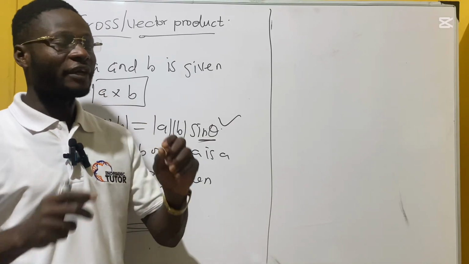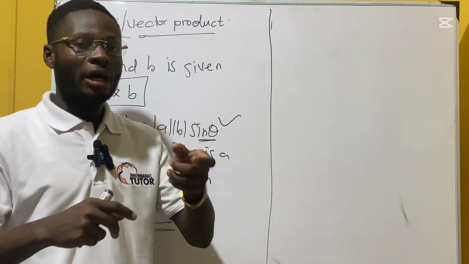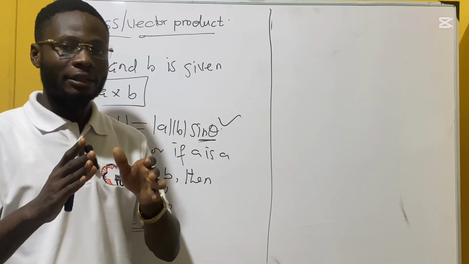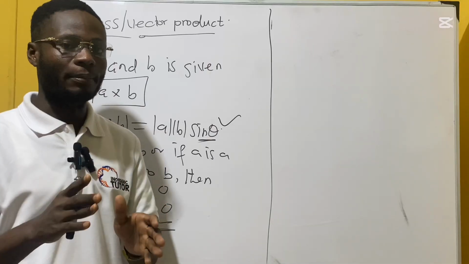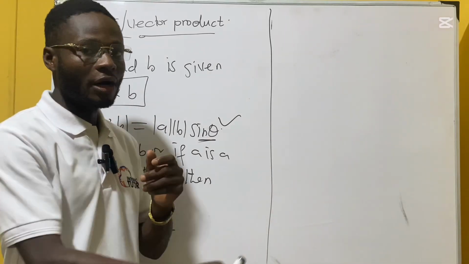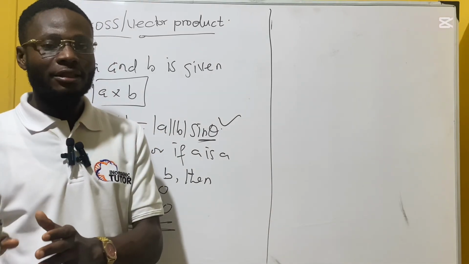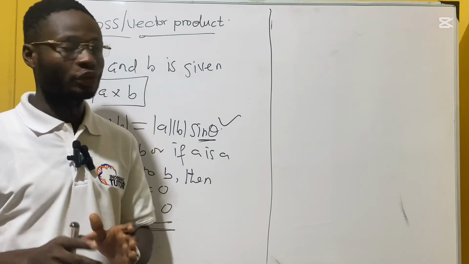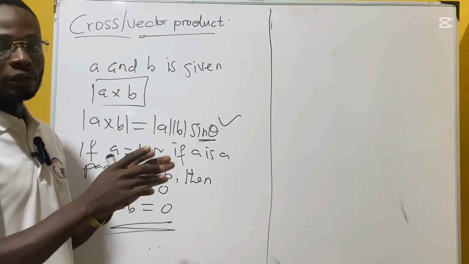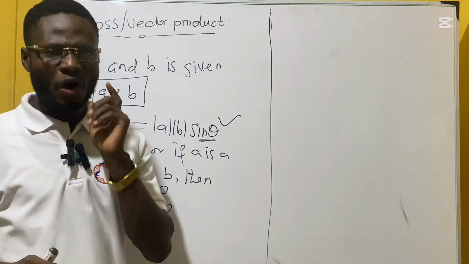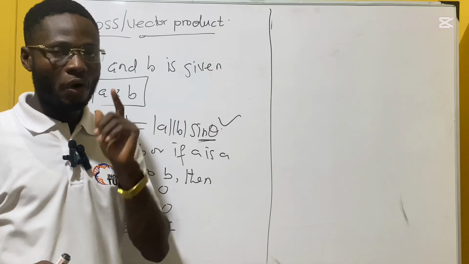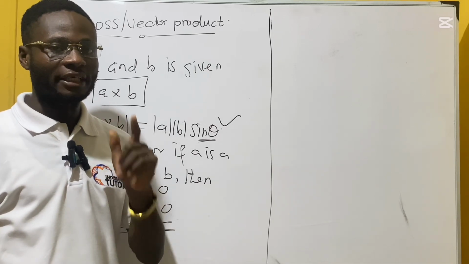So the moment you are heading towards matrices, you have to begin to respect order. You don't just mess things up. Once you change the order of one argument to the other, you begin to get different results. So in vector product or cross product, order is very, very important.